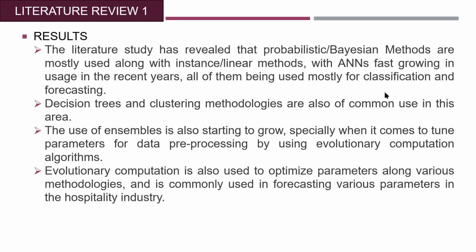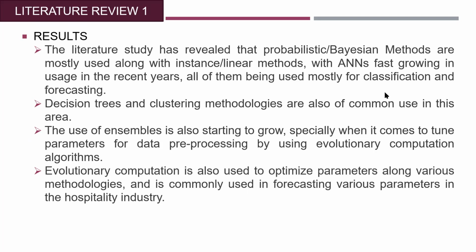The literature study has revealed that probabilistic or Bayesian methods are mostly used along with instance or linear methods, with ANNs fast growing in usage over the years, all of them being used mostly for classification and forecasting. Decision trees and clustering methodologies are also of common use.